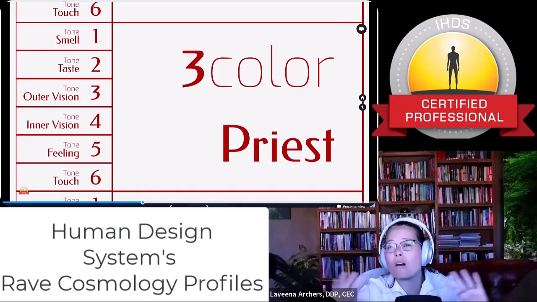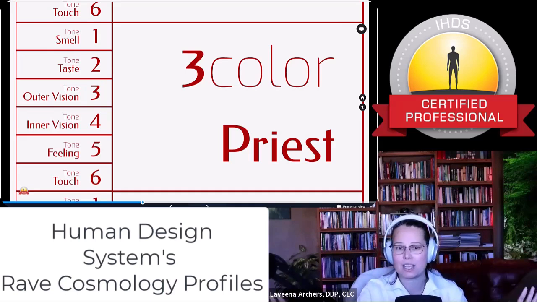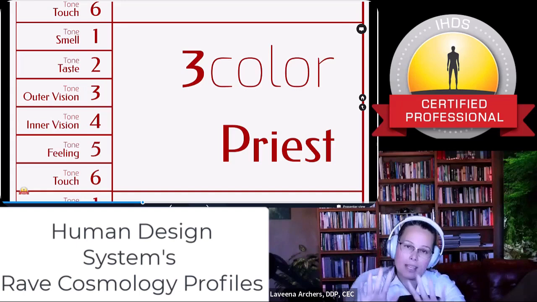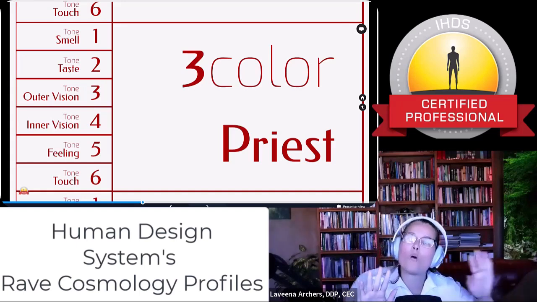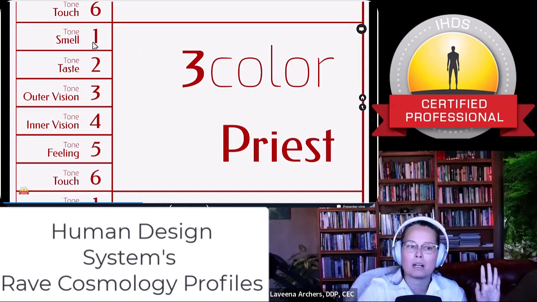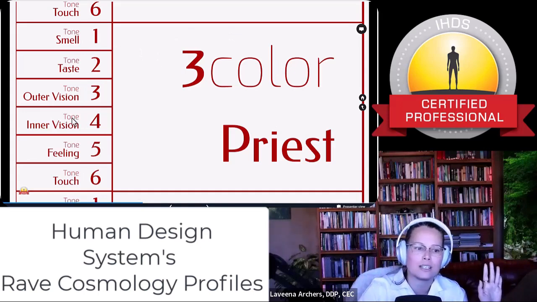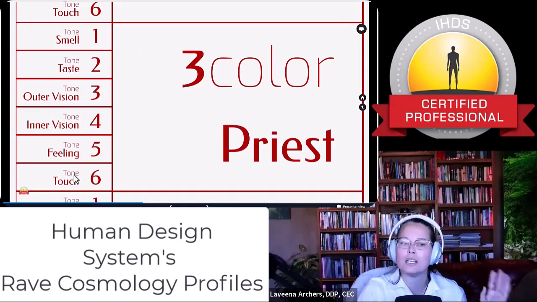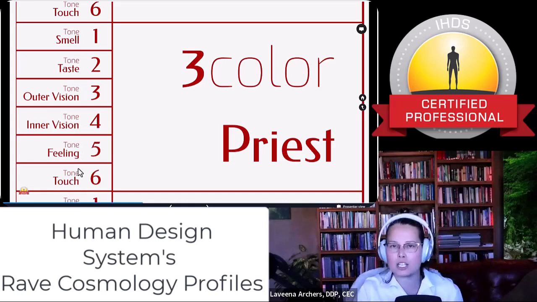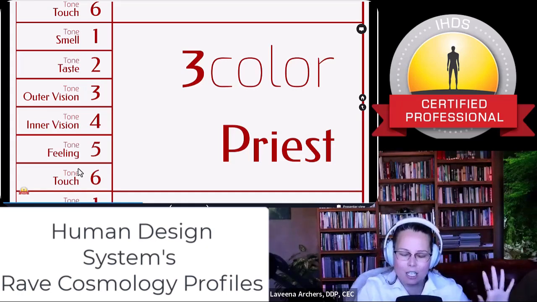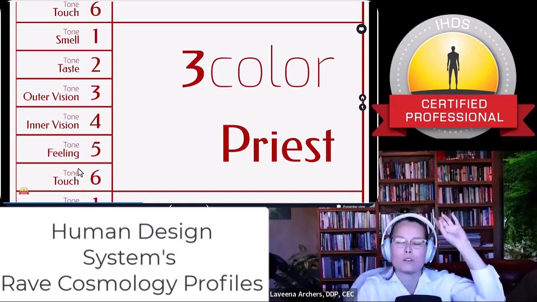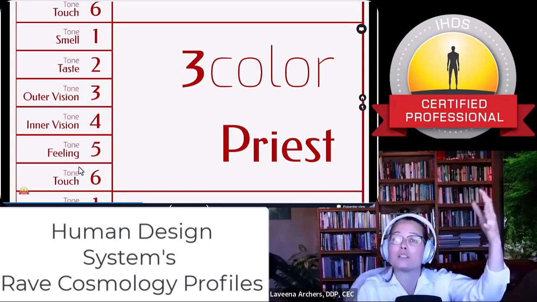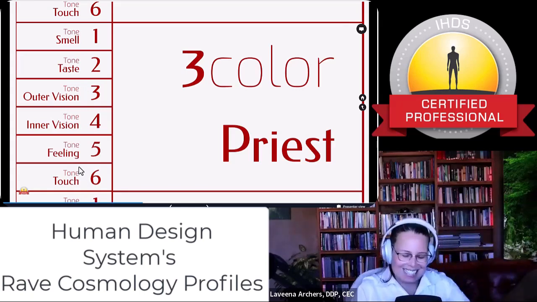There's going to be all kinds of different combinations. And underneath this, we're looking at tonal cognition on the body side. Notice it says smell and taste and outer vision and inner vision and feeling and touch. Each one of these tonal cognitions is the physiological way that one is nourished by information and food and people too from the inside.